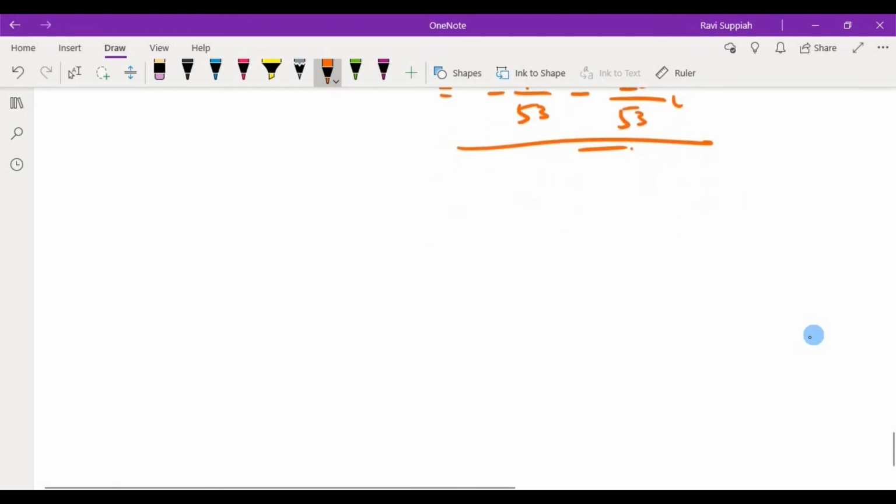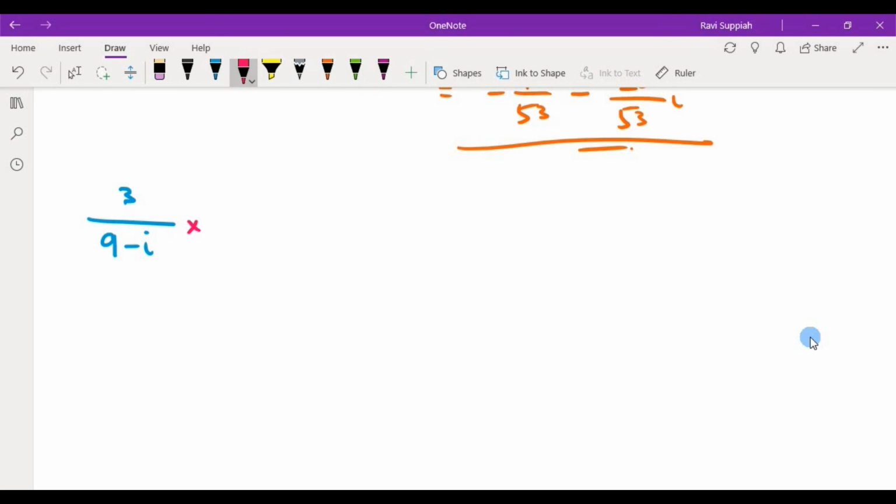Let's just try one more question: 3 divided by 9 minus i. The first step is to multiply both the numerator and denominator by the complex conjugate.